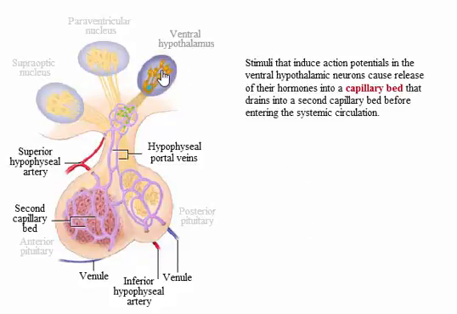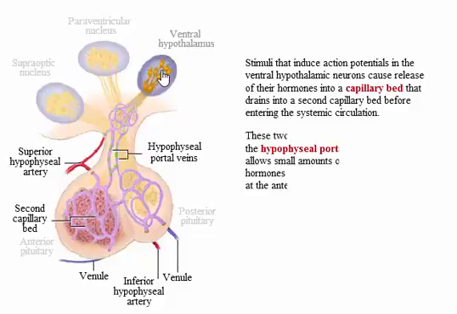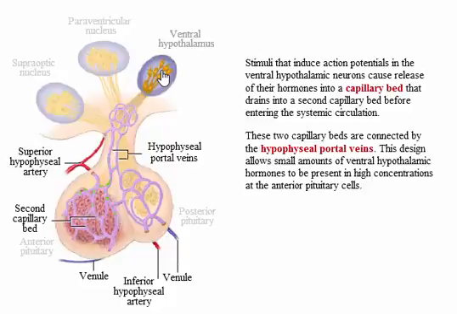Stimuli that induce action potentials in the ventral hypothalamic neurons cause release of hormones into a capillary bed that drains into a second capillary bed before entering the systemic circulation. These two capillary beds are connected by the hypophyseal portal veins, special vessels that connect capillary beds. This design allows small amounts of ventral hypothalamic hormones to be present in high concentrations at the anterior pituitary cells.